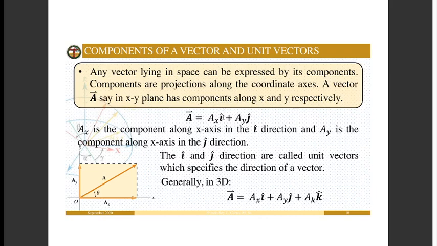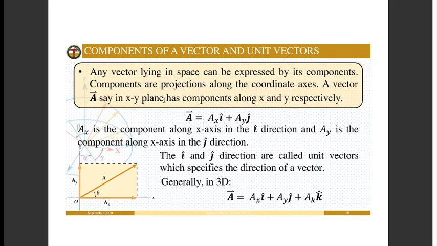So what are i hat and j hat? I hat and j hat are actually unit vectors. These are dimensionless constants that specify the direction of your components. For example, your Ax is in the i hat direction, meaning it is on the x-axis, and your Ay is pointing in the j hat direction, meaning it is on the y-axis.